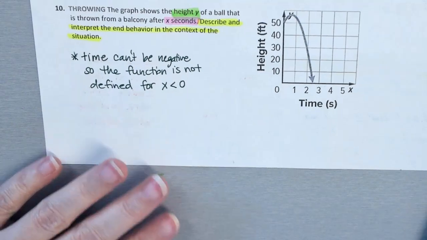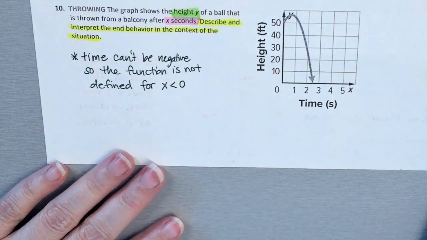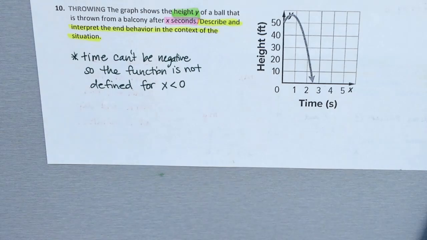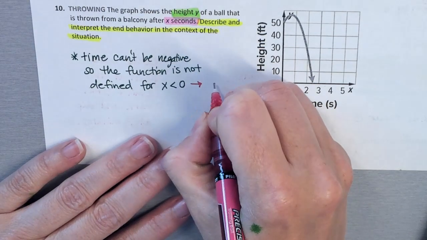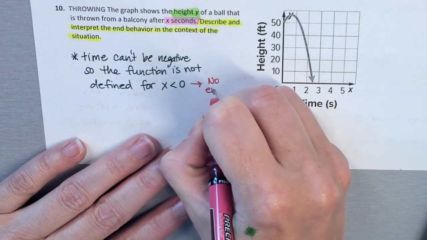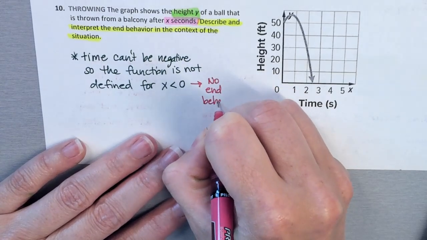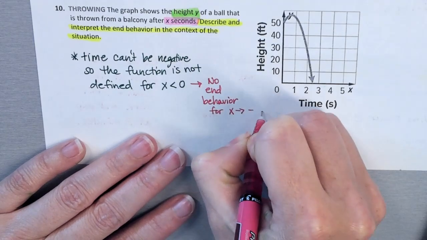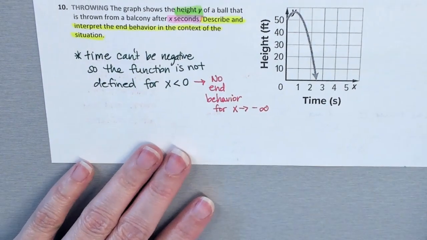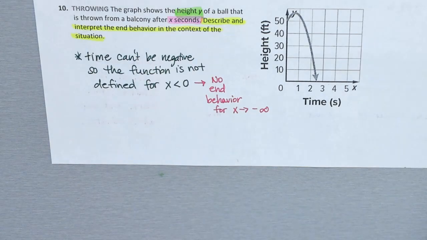So what that means, it's asking you to describe the end behavior. You're not going to have any end behavior as x approaches what value? Right. So you don't have to do the end behavior for x goes to negative infinity. Okay, so in your practice problems, you'll want to keep that in mind, okay?